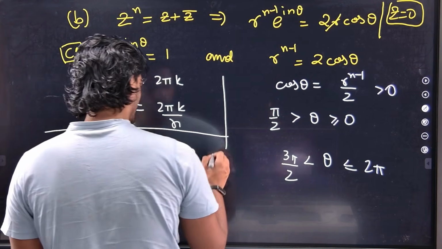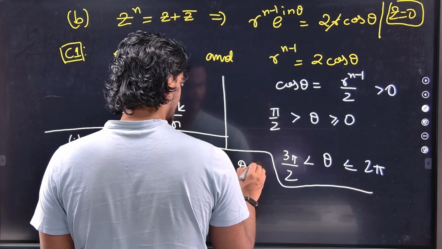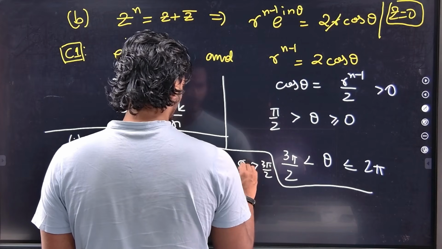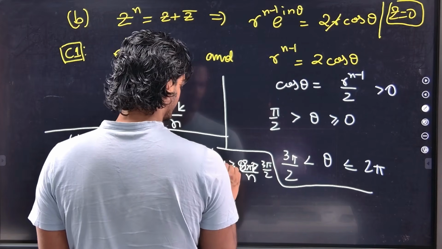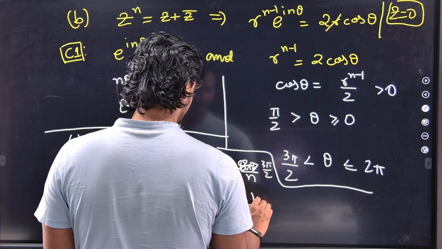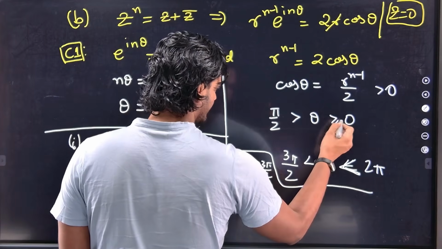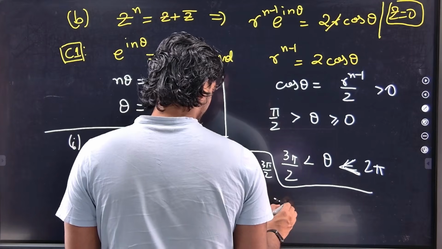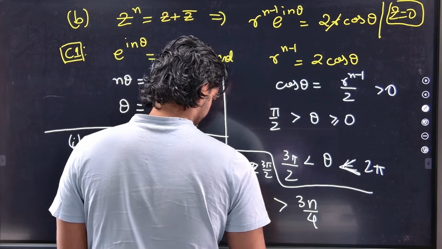Or the other thing you will get is theta is strictly greater than 3 pi by 2. So 2 pi k by n is less than or equal to 2 pi, so 2 pi gets cancelled. So you have k less than or equal to n, or maybe I have to remove 2 pi because I'm including 0, so strictly less than n, but strictly greater than 3n by 4.